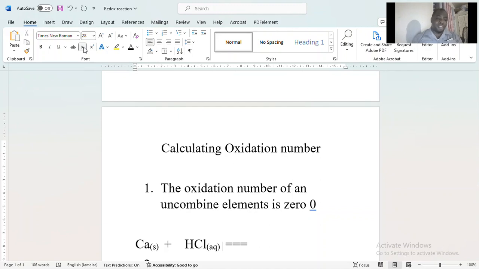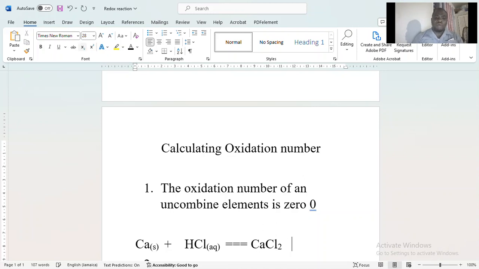And any element that is higher in the series is able to displace the element that is lower. So right here, calcium is going to kick off the hydrogen from the chlorine and take its place. And we get calcium chloride being formed.